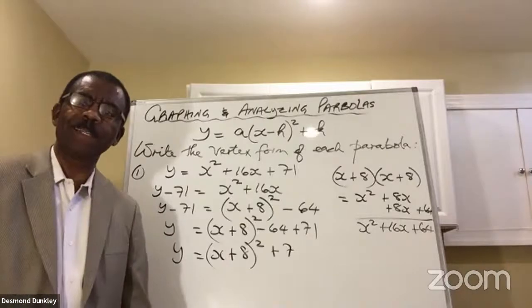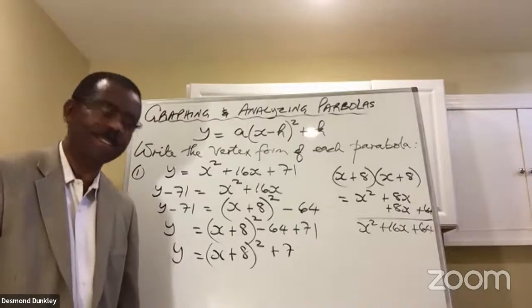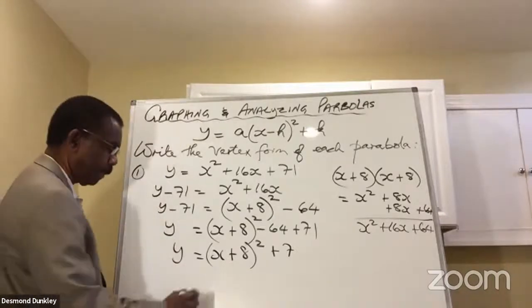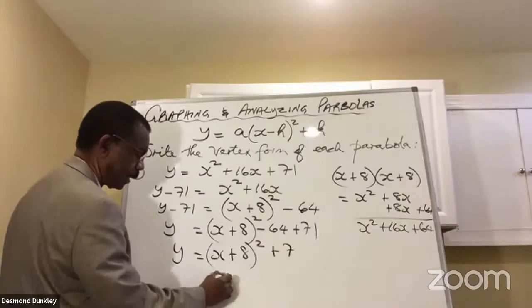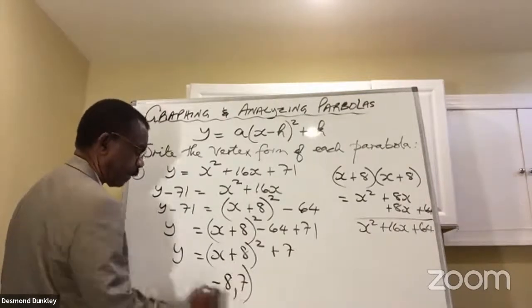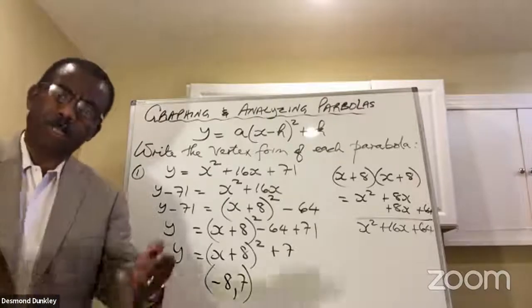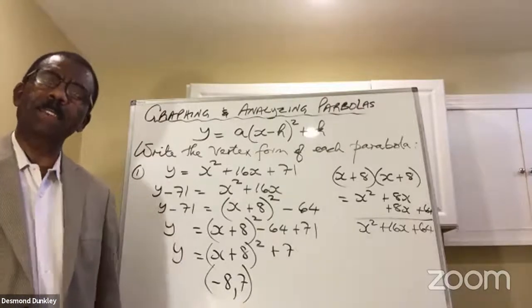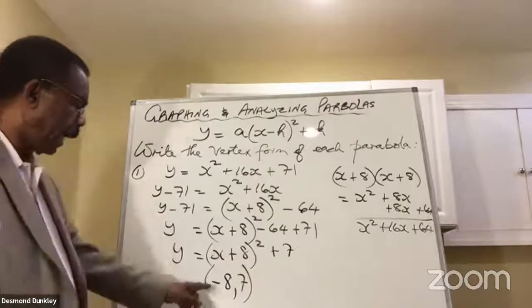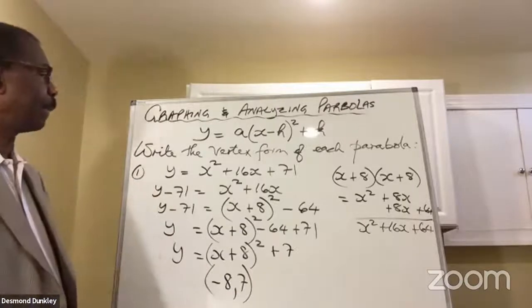From this, what is the vertex? Well, the vertex would have to be negative 8, comma 7. And of course, the axis of symmetry is x equal to negative 8.